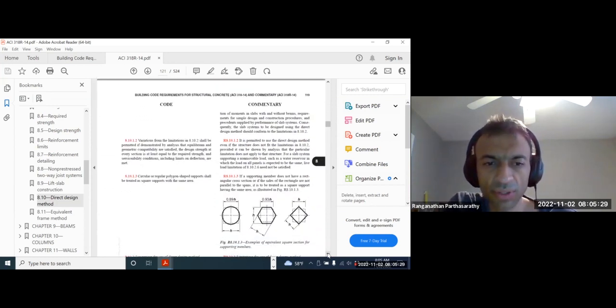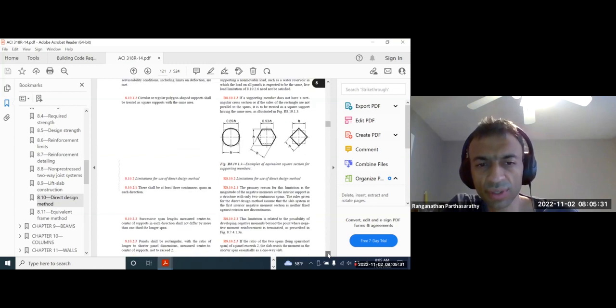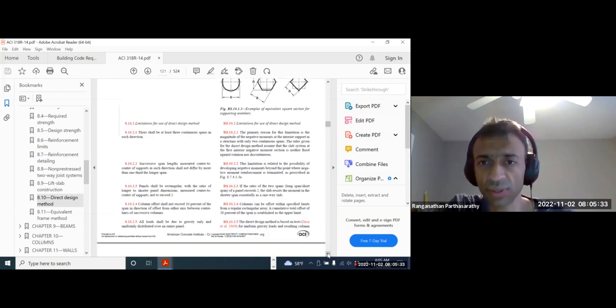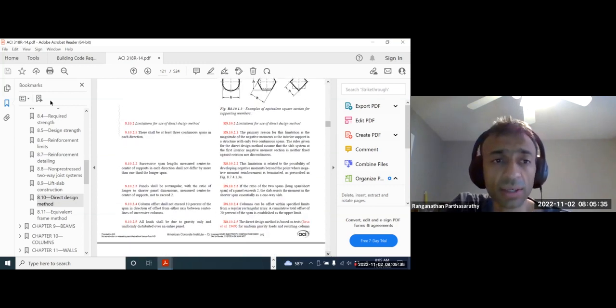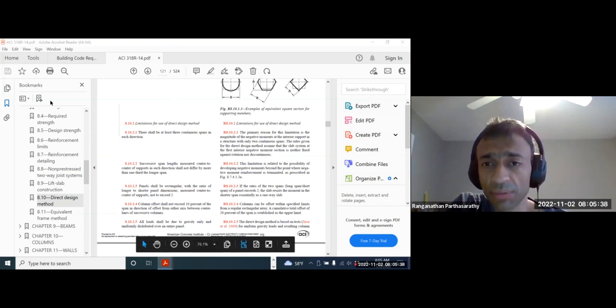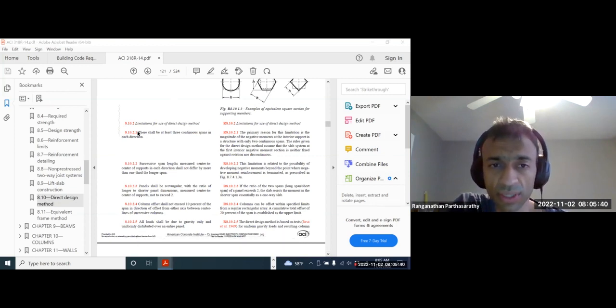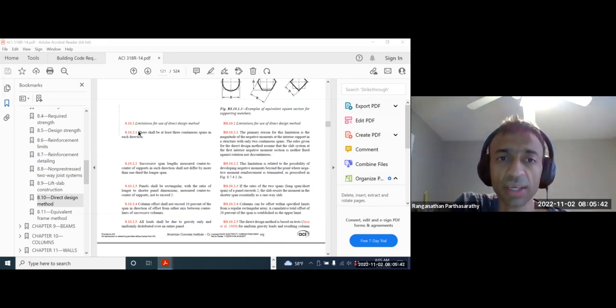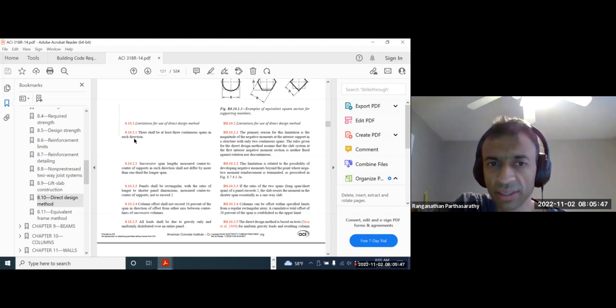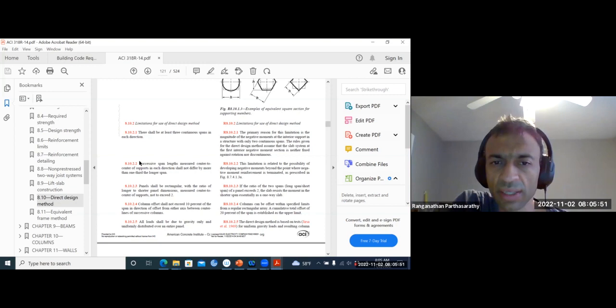There are some constraints or limitations, and the direct design method can only be used in those cases. What are those? You shall have at least 3 continuous spans in either direction, in both perpendicular directions. Successive span lengths measured center to center of support shall not differ by more than 1/3 the longer span.